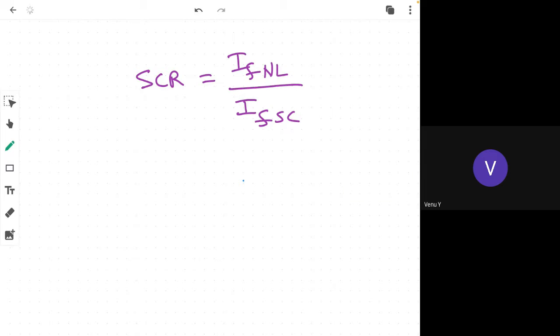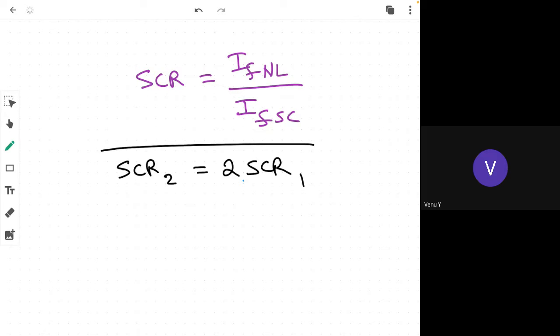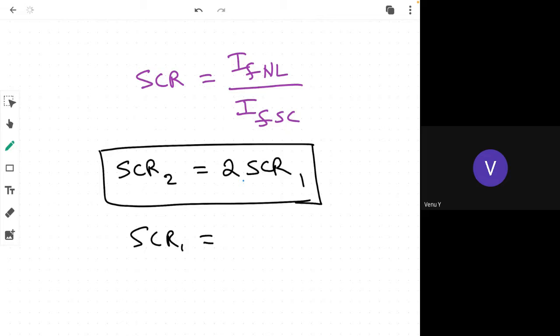Therefore, SCR2 is 2 times SCR1. So the denominator is the same. SCR1 equals IF no load 1 by IF SC1.